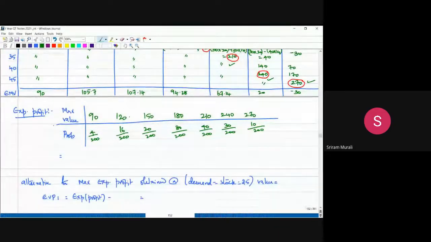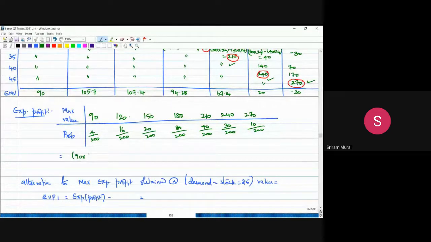Now we have to multiply this 90 into 4, because LCM is 200, plus 120 into 16, 270 into 10. So average, you know what is the answer. And alternately, to find EVPI, EVPI will be expected profit, already we found, I mean this one, minus in the EMV what is the maximum? 107.14.